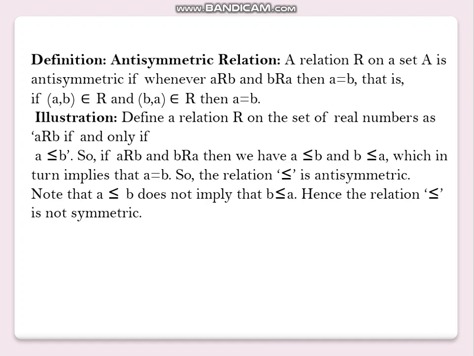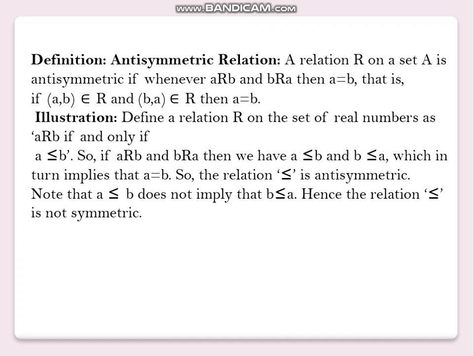Next we have the antisymmetric relation. A relation R on a set A is antisymmetric if whenever A is related to B and B is related to A, we should have A equal to B. That means if A is related to B and B is related to A with A not equal to B, that will not be an antisymmetric relation.